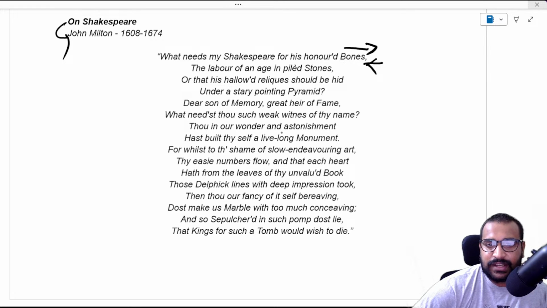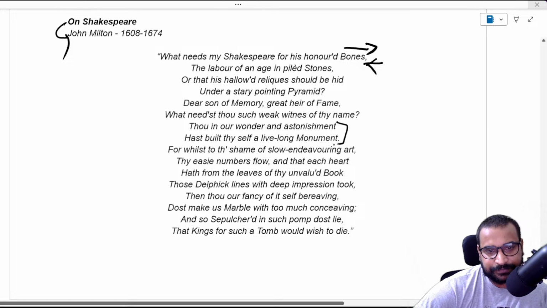Thou in our wonder and astonishment hast built thyself a livelong monument.